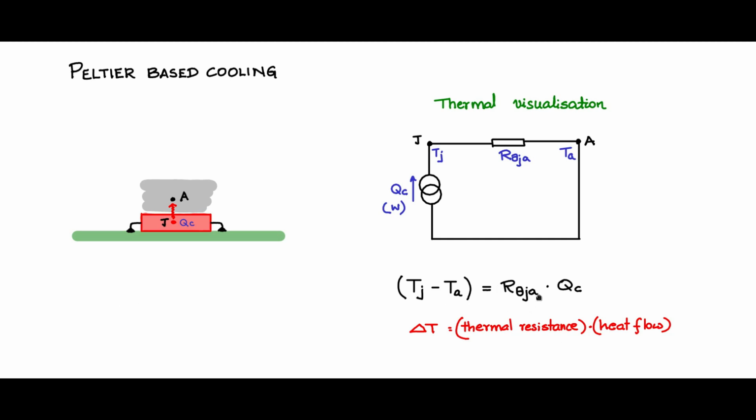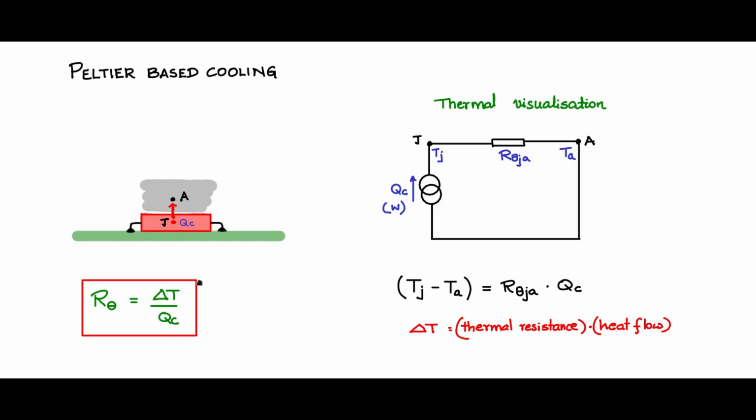If you want to write thermal resistance in terms of delta T and QC, we can write it as thermal resistance is delta T, temperature difference between 2 points, temperature difference across the thermal resistance, divided by QC, the heat flow through the thermal resistance. This is an important relationship which will be used in most of thermal visualizations.